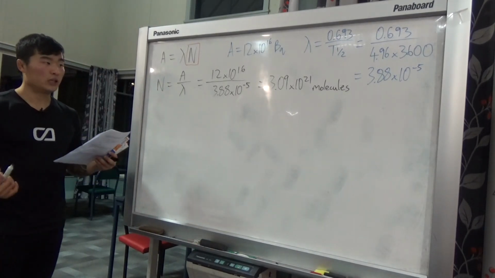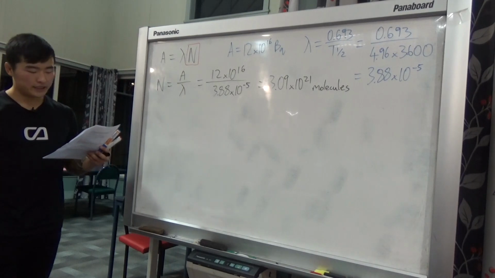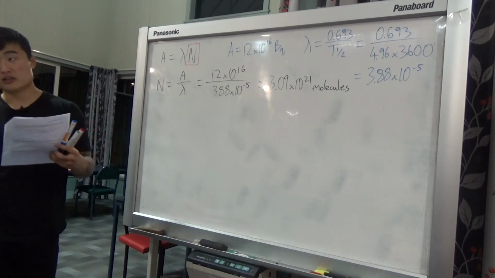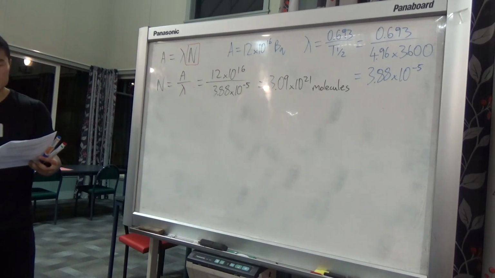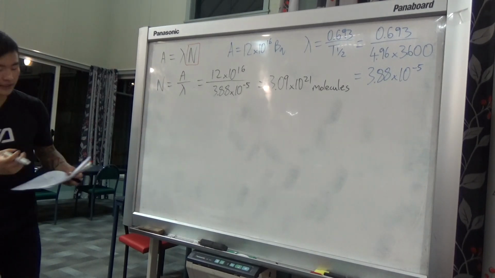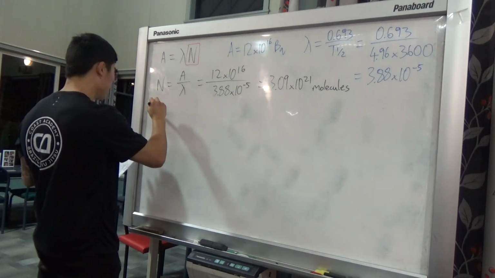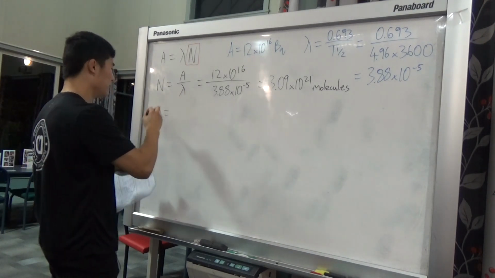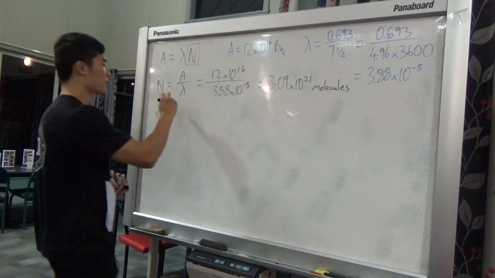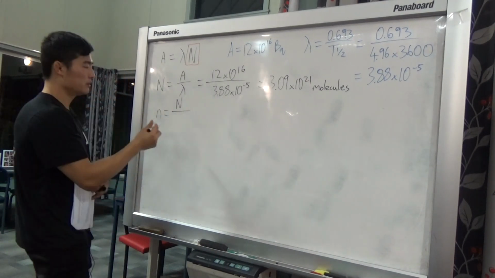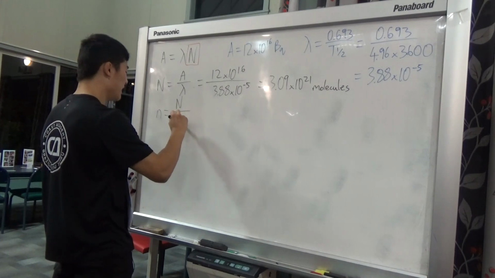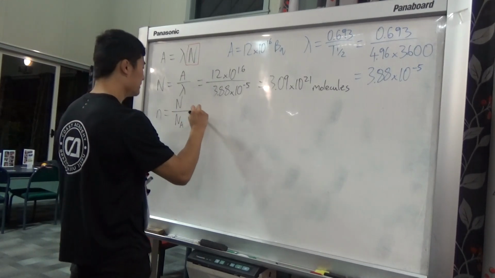So you've got your number of molecules. Next, you want to find out how many moles that's going to be. So 1 mole contains Avogadro's number of molecules, which is 6.02 times 10 to the 23. So n, little n, the number of moles, is equal to the number of molecules, big N, divided by Avogadro's number.